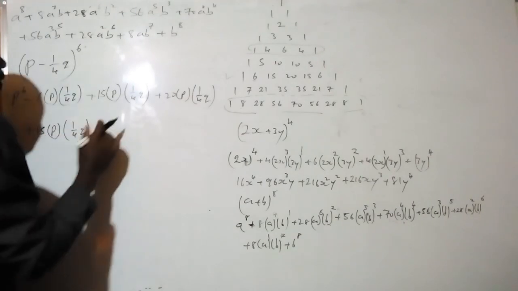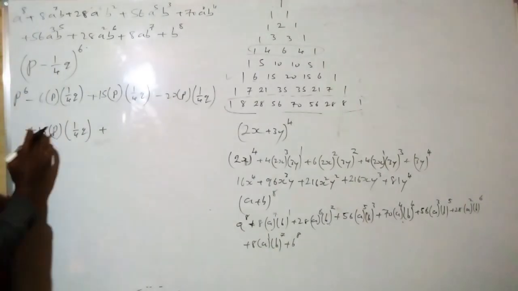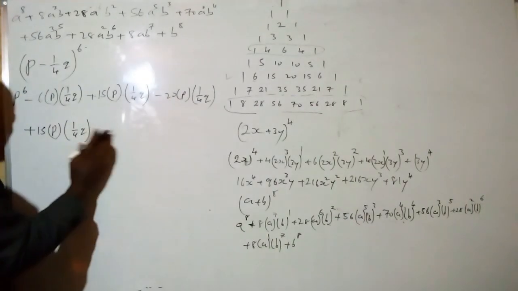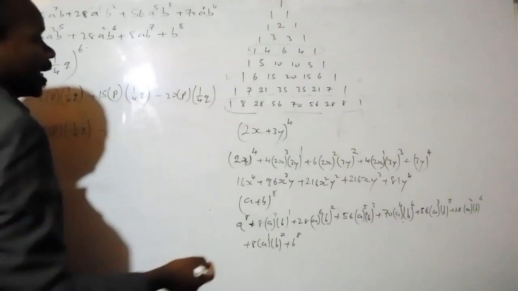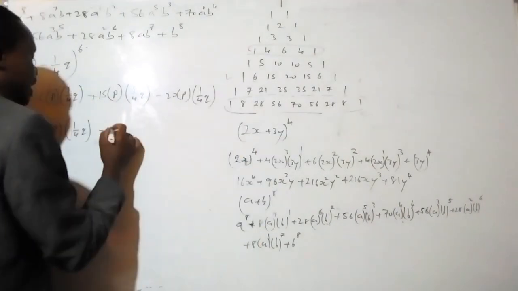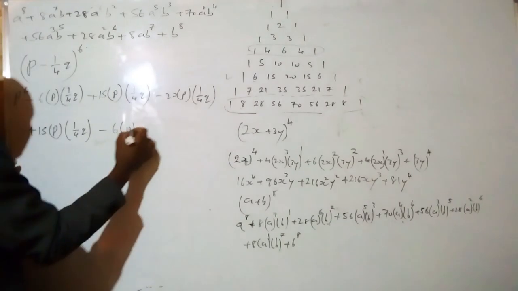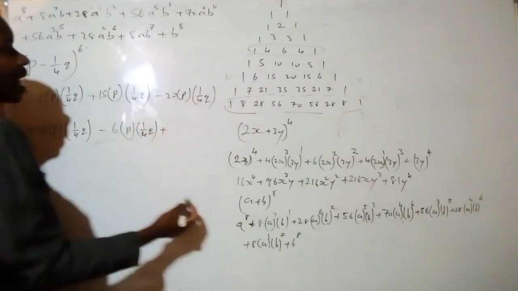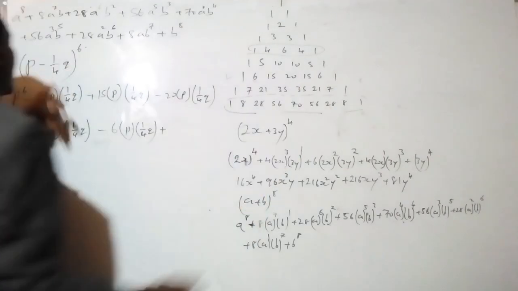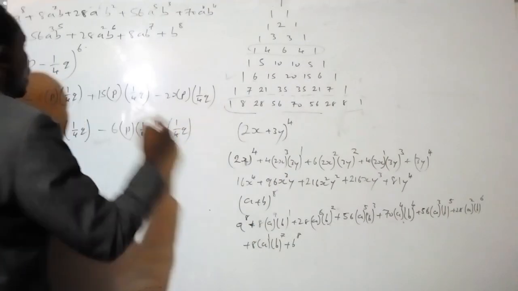Negative, plus, minus, minus, plus, minus. Yeah, in that order. Negative plus, negative plus, negative. Next is 6. This 6 here. You repeat the same values, P, 1 over 4 Q, and finally plus. This one you are going to take 1 over 4 Q, you raise it to the highest power 6.